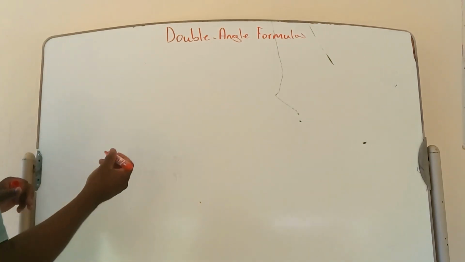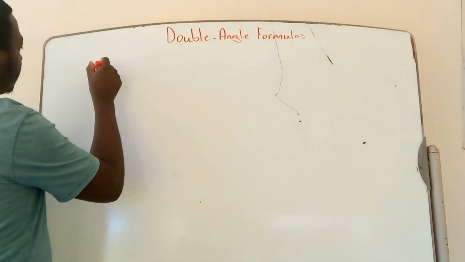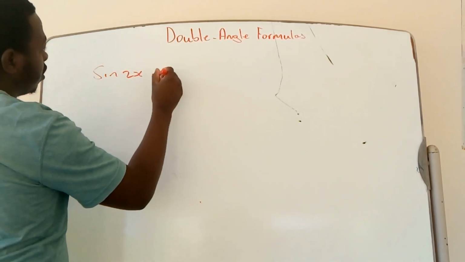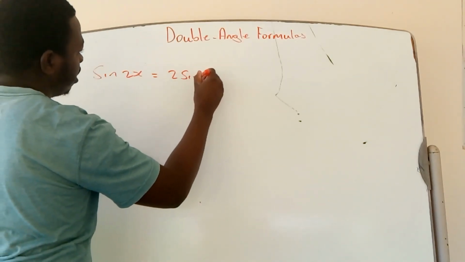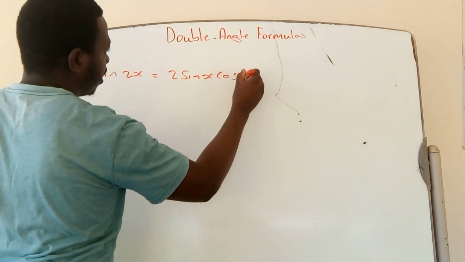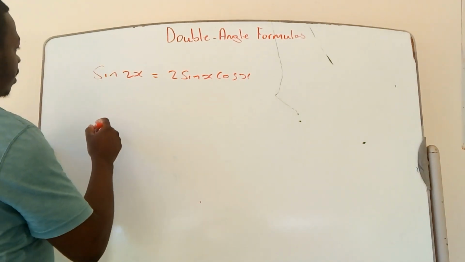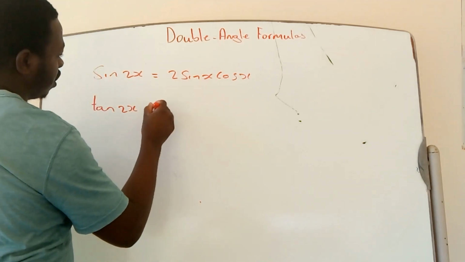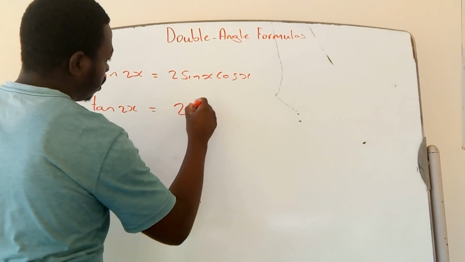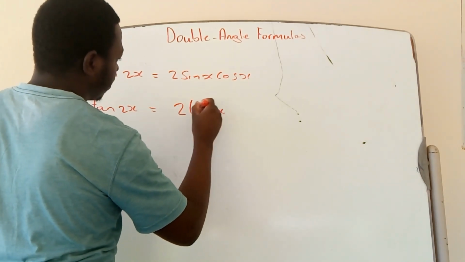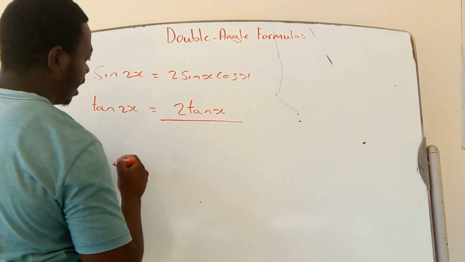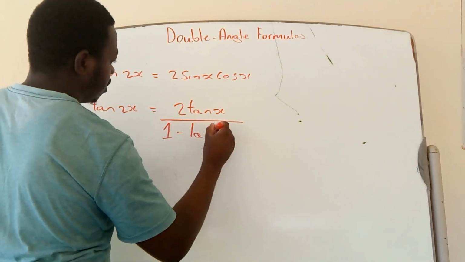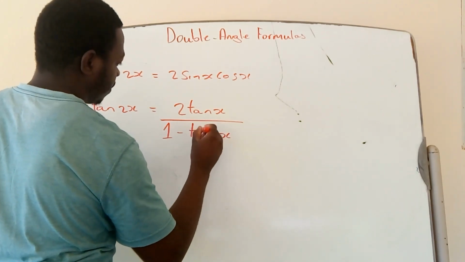So in summary, your double angle formulas are sine 2x is equal to 2 sine x cos x, right? For tangent 2x, that's just equal to 2 tan x all divided by 1 minus tan squared of x.